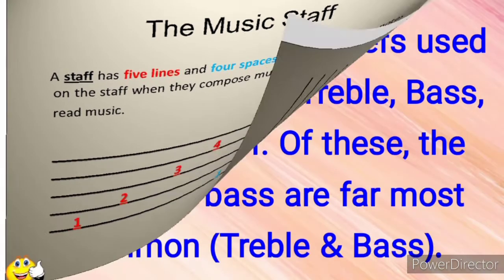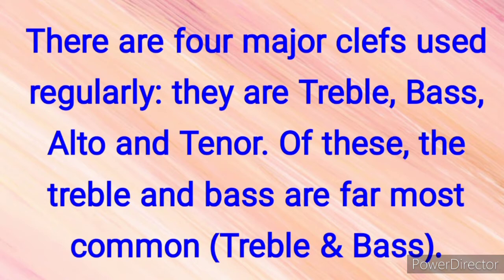It's just a staff. The only way we'll be able to know the type of staff that it is is what leads us to what we call clefs. There are 4 major clefs used regularly, meaning there are other clefs, but the ones we use regularly are just 4. They are treble, bass, alto, and tenor. Of these, the treble and bass are by far the most common.